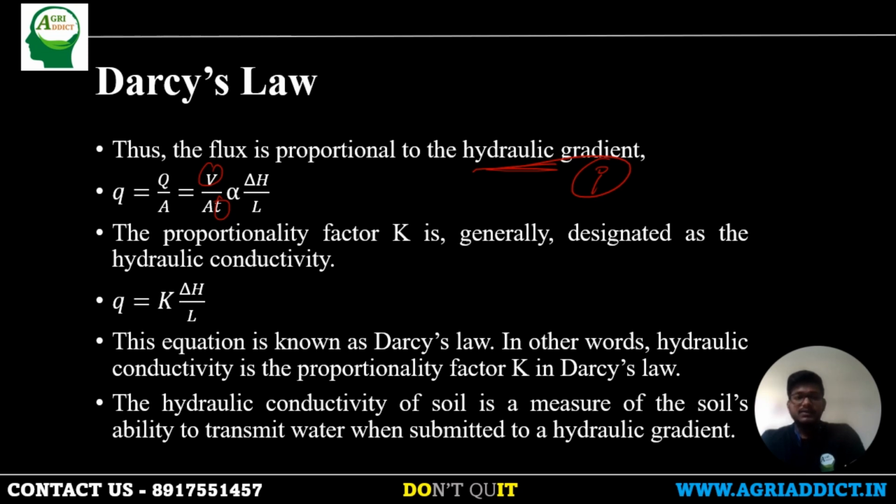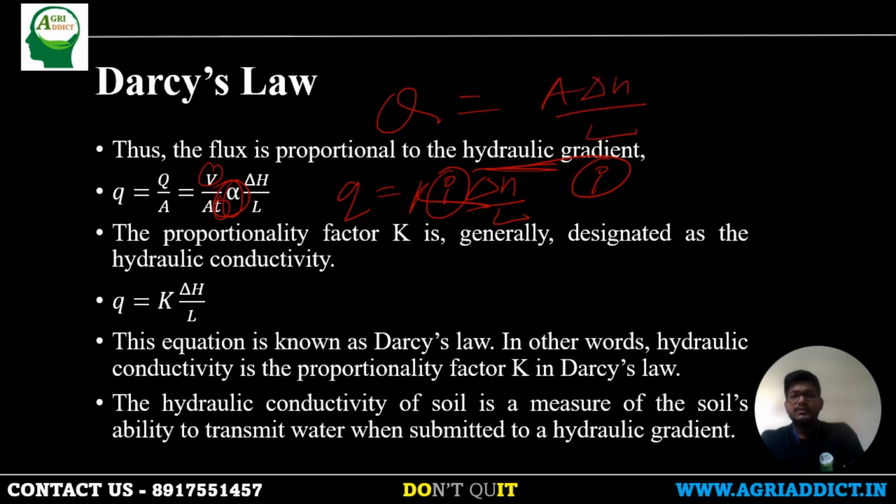Okay, so I can write this q is equal to K. So I am removing this proportionality constant, so I am writing K del H divided by L, or I can write Ki. Okay, so if we see the previous equation, Q is proportional to A del H divided by L. That is also one proportionality there.